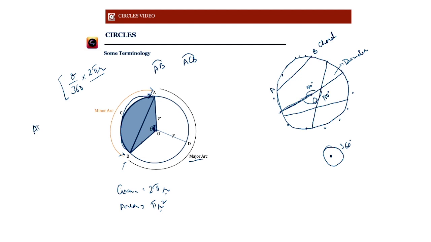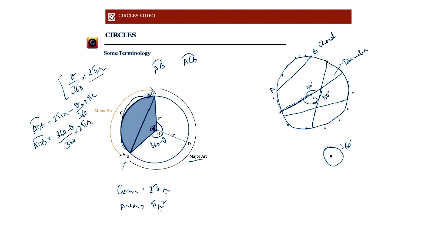So then I can say the length of ADB will be just 2 pi r minus theta upon 360 into 2 pi r, right? Or I know that this entire angle is 360 minus theta. So I can also say that the length of arc ADB will be equal to 360 minus theta upon 360, this is the angle, into 2 pi r.